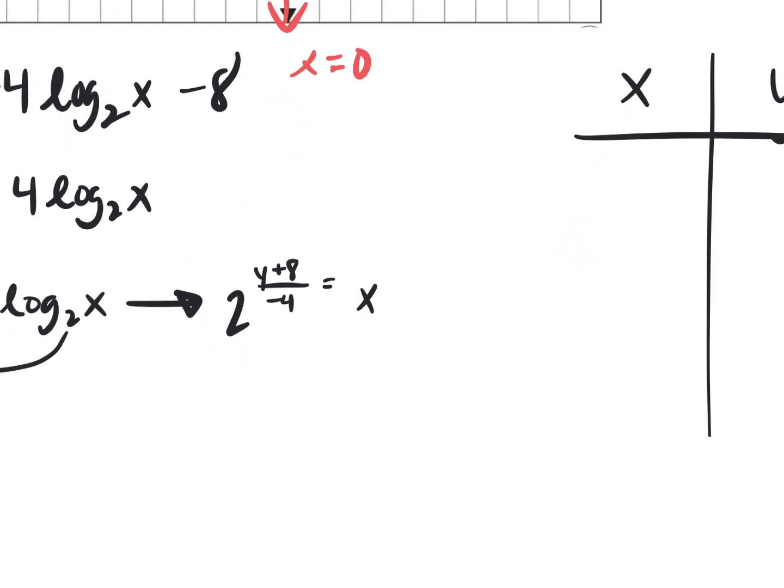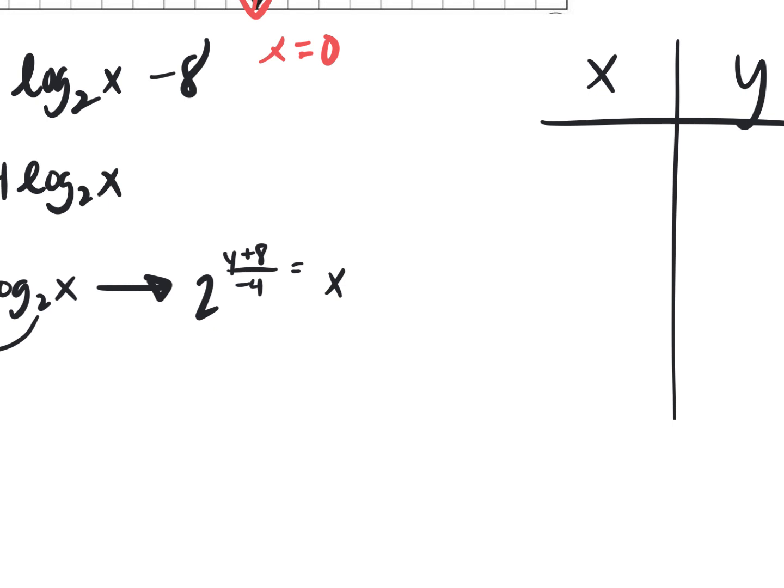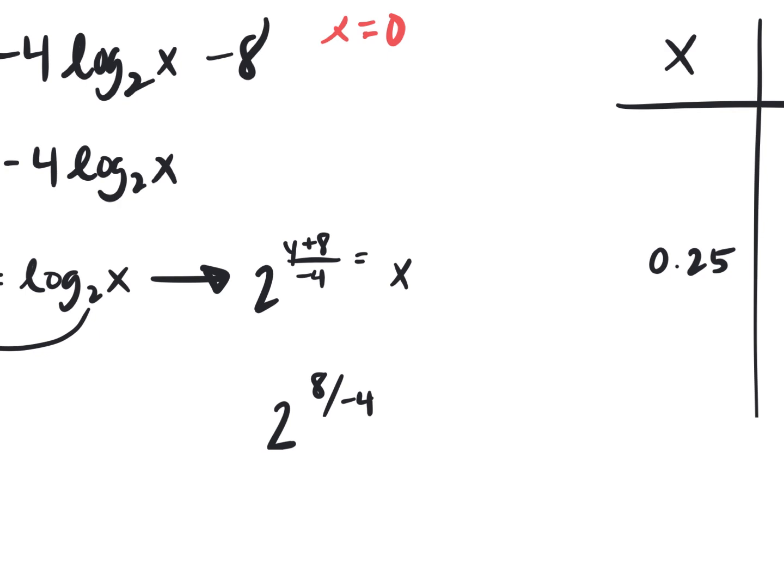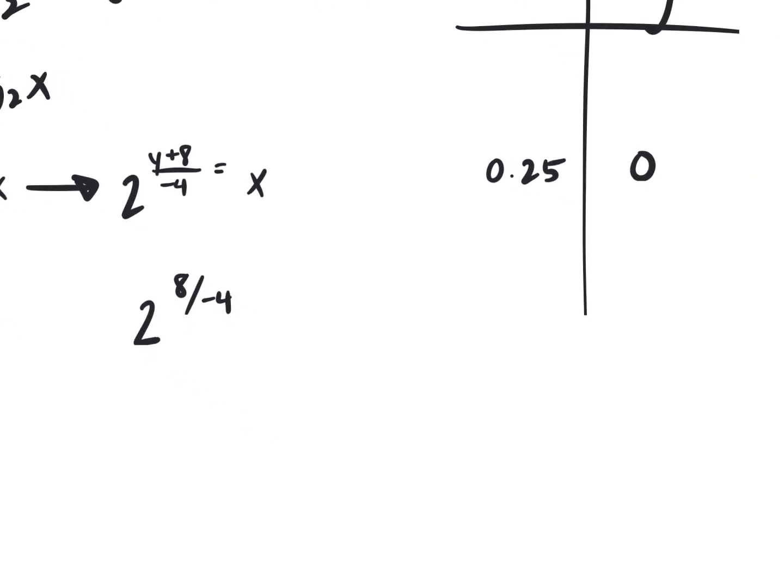If I plug in 0 for y, I would get 2 to the 8 divided by -4, right? What is 8 divided by -4? -2, so 2 to the -2nd would be 1 over 4 or 0.25. What's another good number we could plug in for y? 4 and -4?